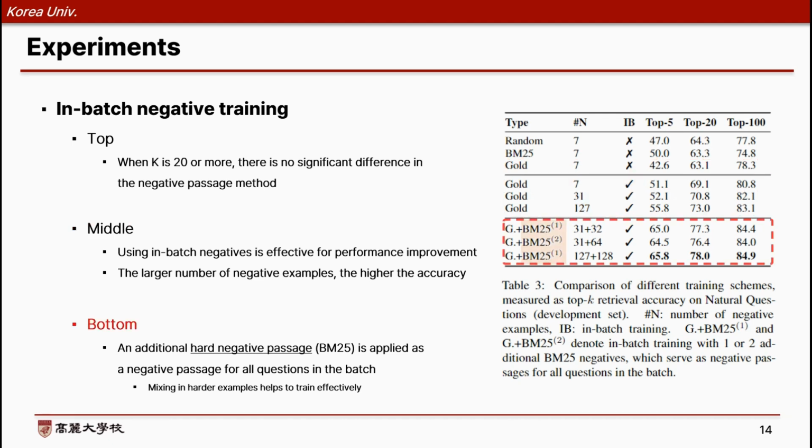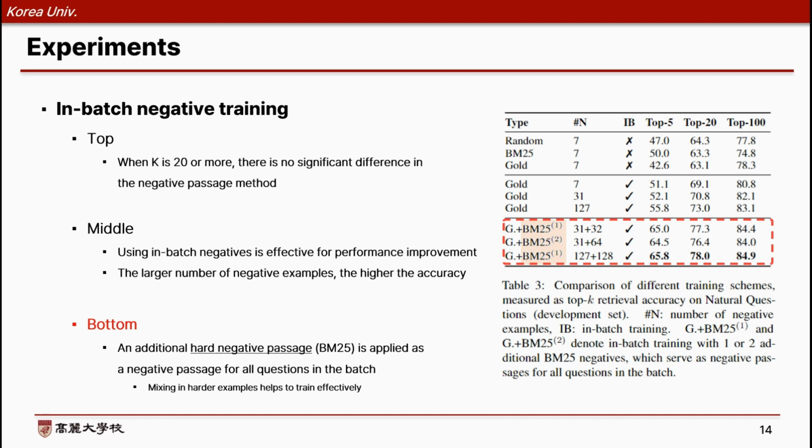In the last bottom block, it is an experiment on the method of adding one or two BM25-based hard negative passages to the gold method.